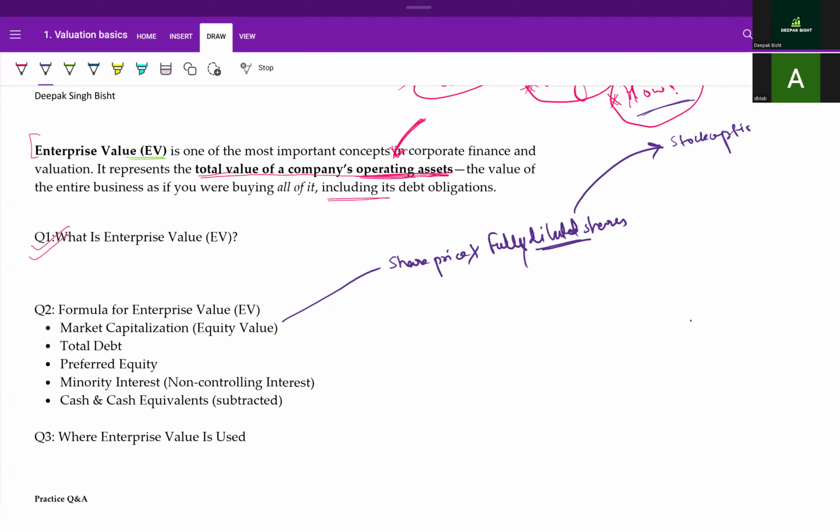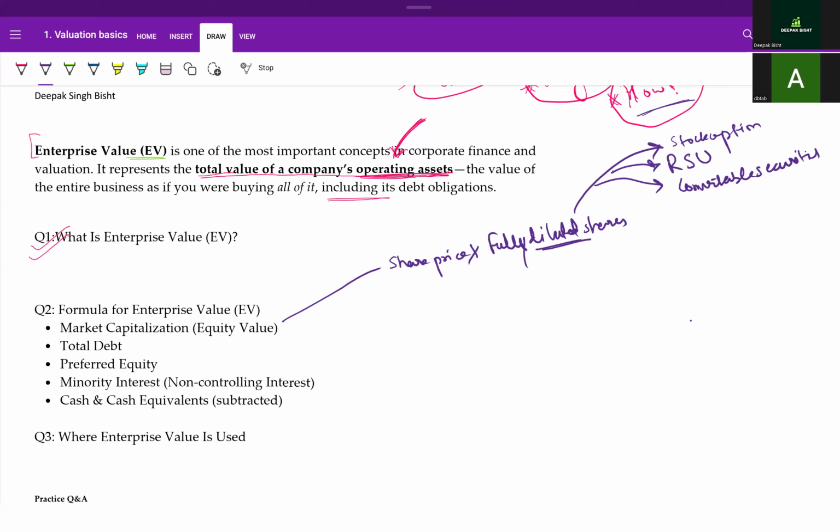It includes restricted stocks, RSU, restricted stock units, and it also includes convertible securities. Okay, so I hope this is clear. And let's talk about debt.